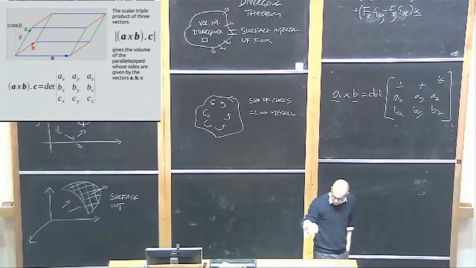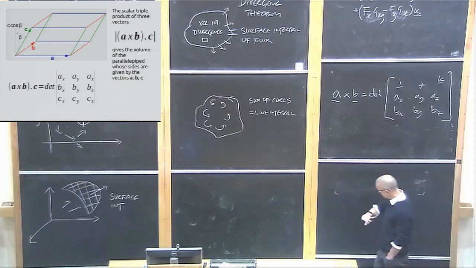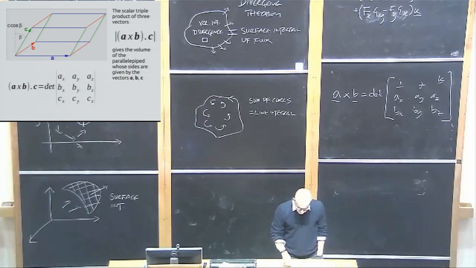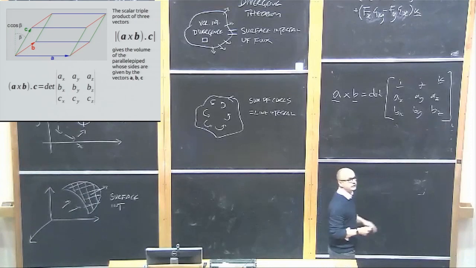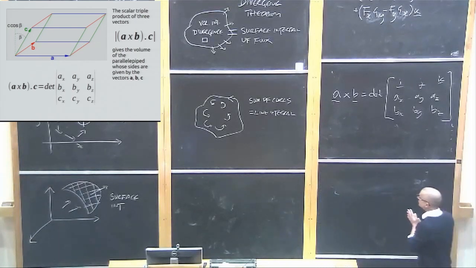The scalar triple product gives you the volume of the parallelepiped whose sides are given by the vectors a, b, and c, and this is given by this expression here. This is something which comes up occasionally in physics, so you might want to know this one as well. There is a vector triple product, and that essentially never turns up in your physics degree, so you don't need to know that one.